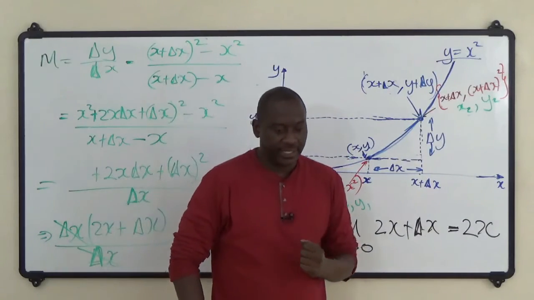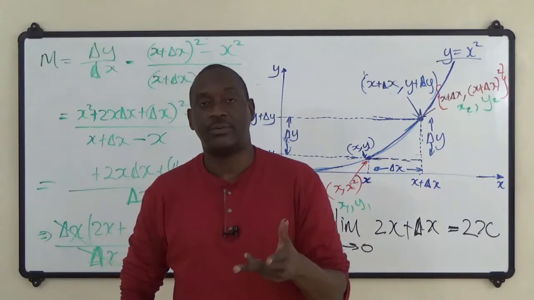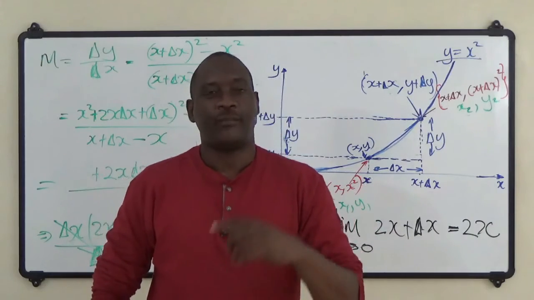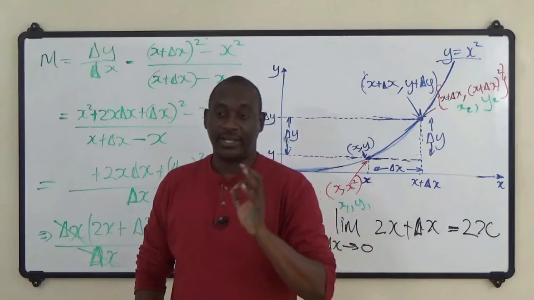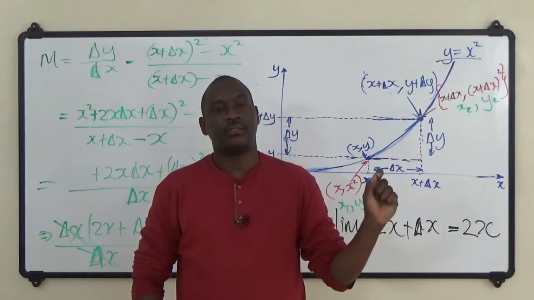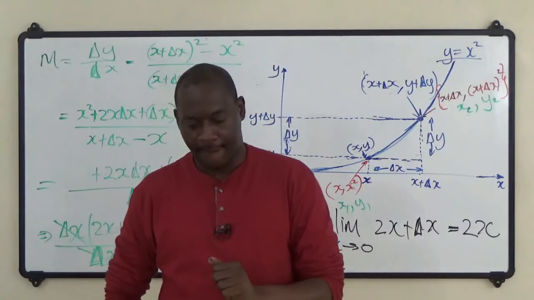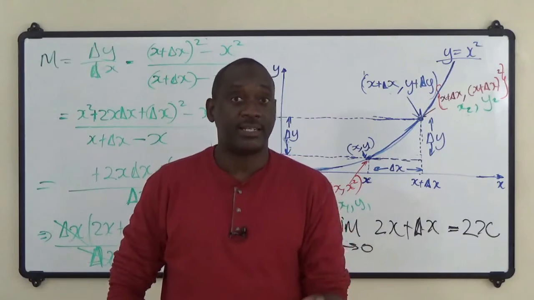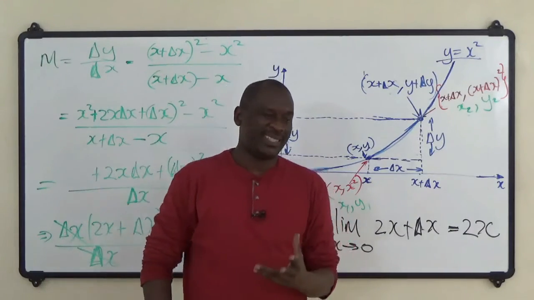The gradient of the tangent at the point 4, 16, in other words at x equal 4, will be 2 by 4 is equal to 8. And the gradient of the tangent at the point 5, 25, at x equal 5 will be 2 by 5, which is equal to 10.